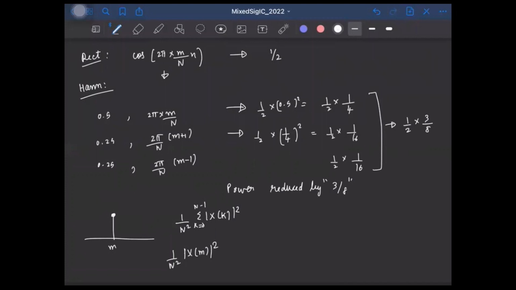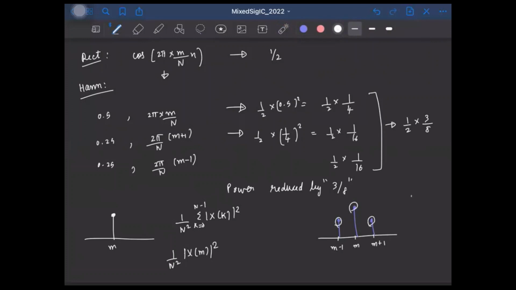With the hand window, what happens? Well, we'll have 3 sinusoids, right? So if I look at the discrete Fourier transform, I'll have 3 impulses like this, right? So to find the power, I'll have to sum up the power in all these 3 bins, right? So what will that be?